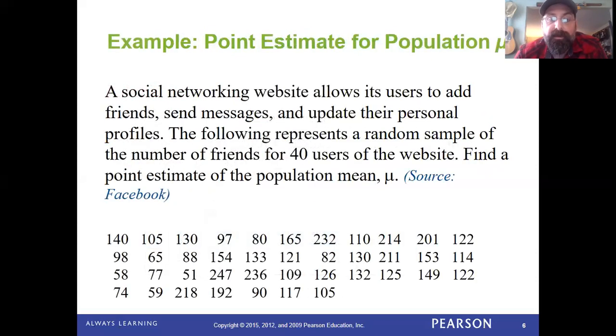Okay, so let's just look at an example here. 40 users of a social media site, let's just imagine Facebook, have been asked, how many friends do you have? And we can see all their responses down here. We have some with few friends, like, I don't know, 82 or 65 or 58, 51, to those that have more friends than others here, 214. Okay, so these are 40 people, how many friends they had on Facebook.